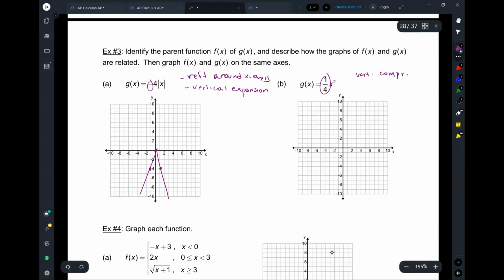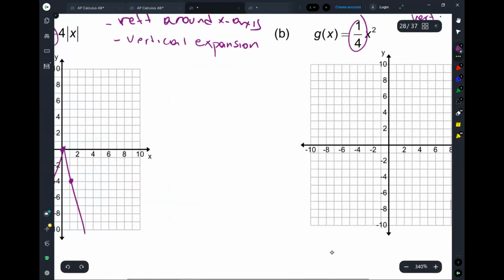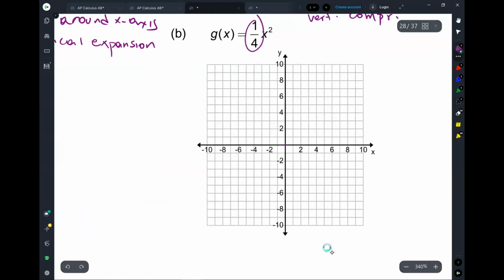So here, this one is a vertical compression. That's a parabola, and the vertex is at 0, 0. Now, for a normal parabola, if I go over 1, I should go up 1. You multiply that, but now it's a factor of 1/4. So instead of going up 1, I multiply by a 4th and go up 1/4.